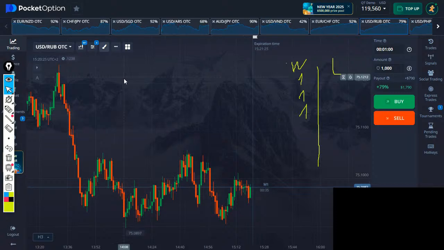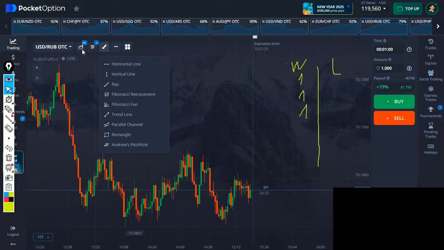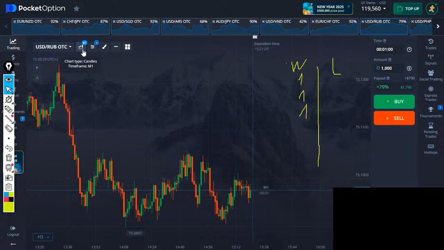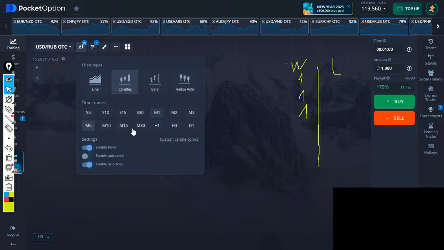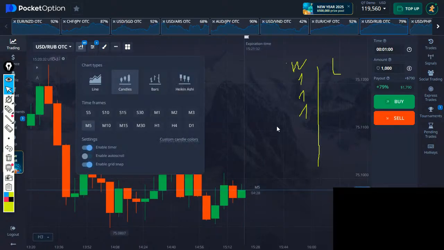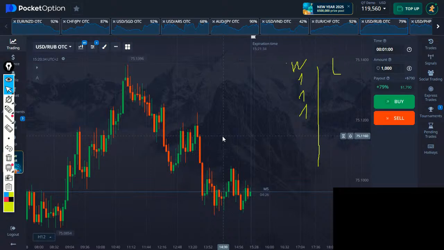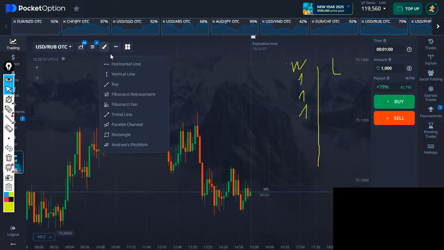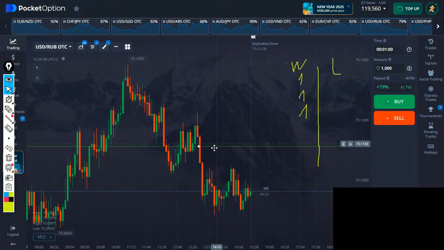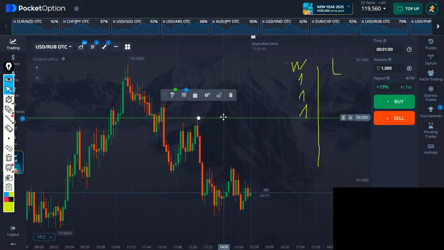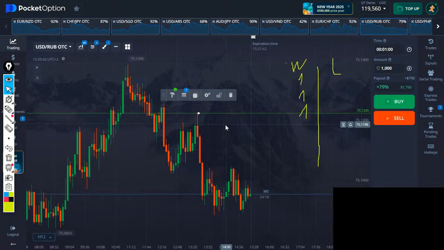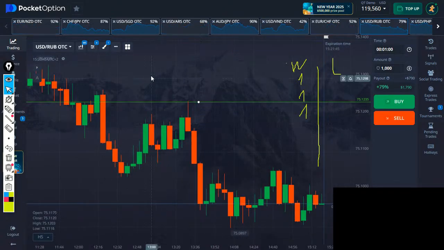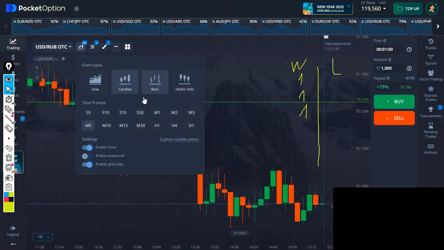Okay, here as well. Let's go to the 5 minutes to define our setup. So here you have a strong supply area. You mark the beginning of this push to the downside. You go to the 1 minute chart.